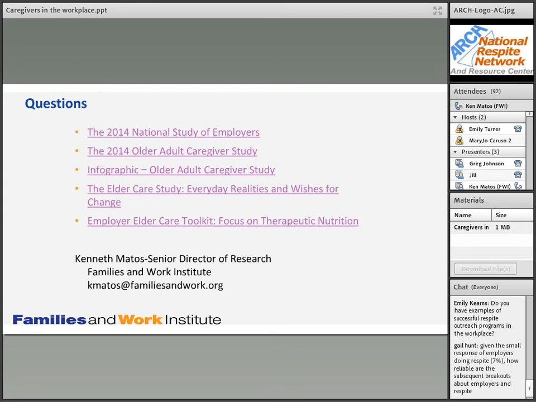We gathered a representative sample of companies with 50 or more employees. So it's a representative sample of the nation and what Respite looks like across the nation, but it's not necessarily representative of the entire pool of people that offer Respite, regardless of what's going on in the rest of the nation.